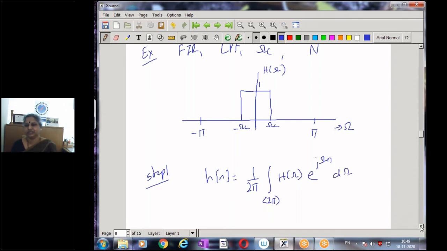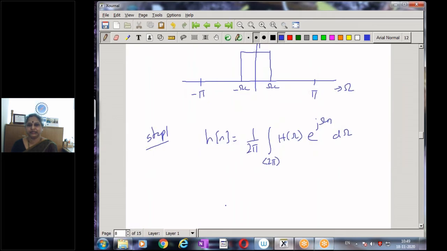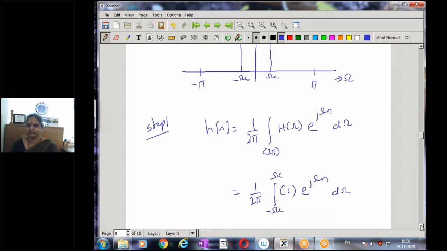In this particular example of a low pass filter, my limits of integration translate to minus omega c to plus omega c, and H of omega has gain 1, so 1 by 2 pi, integral from minus omega c to plus omega c of e to the power of j omega n d omega.